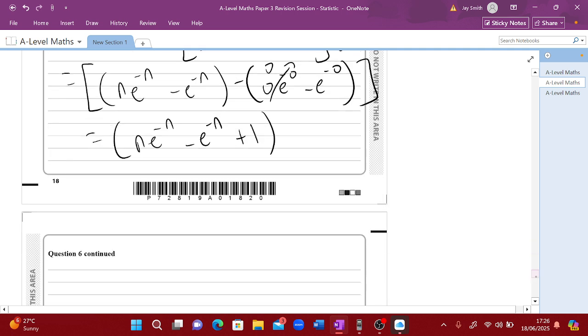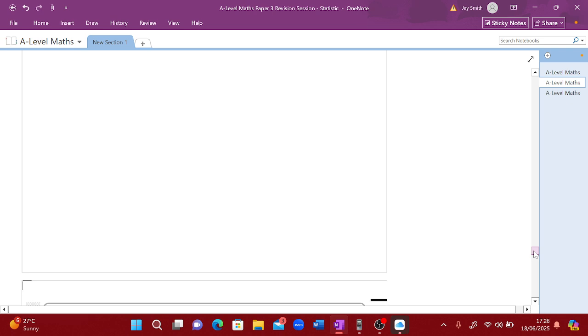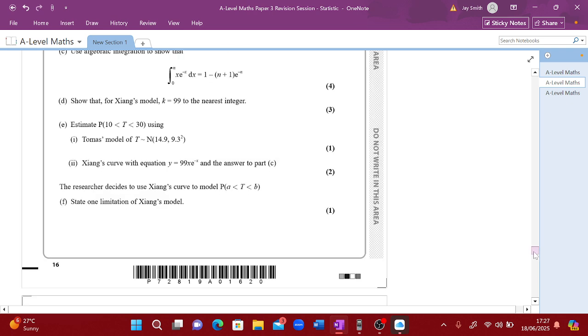Then I think we can factorize this a little bit, can't we? Then we can say it's e to the minus n of n minus 1, add 1. What did they want us to show? It's 1 minus n plus 1 e to the minus n.